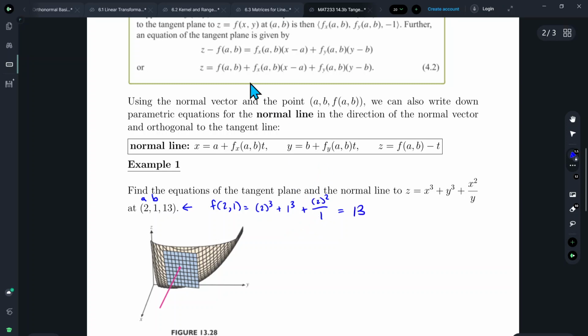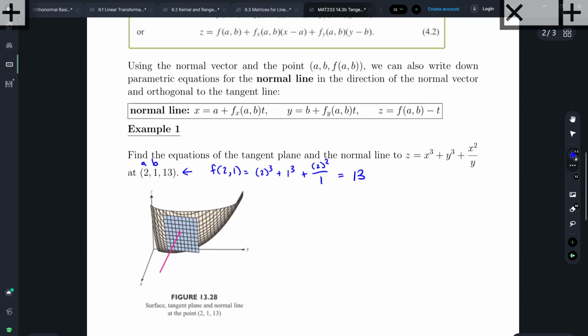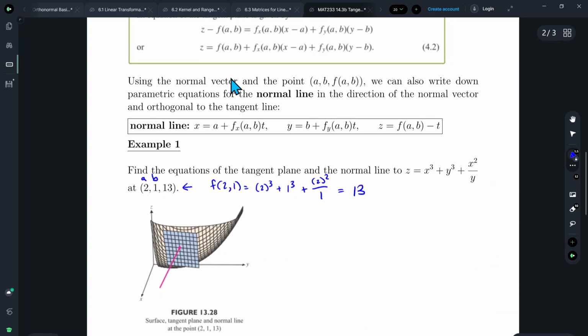So again, in the formula for the tangent plane, it's written as the function value at the point, but this is also the same as the given z coordinate, right? So this part of the formula is already calculated for us in this problem.